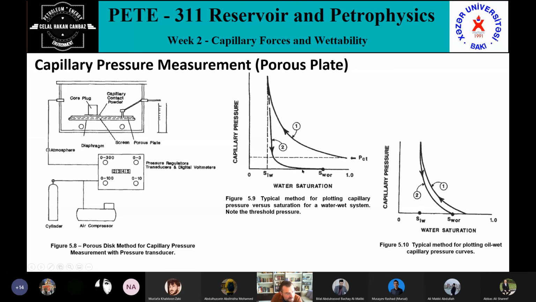The curve that I will see here is sharper compared with the curve of the oil wet one. This is sharper compared with the oil wet sample. And the area between these two will be higher.